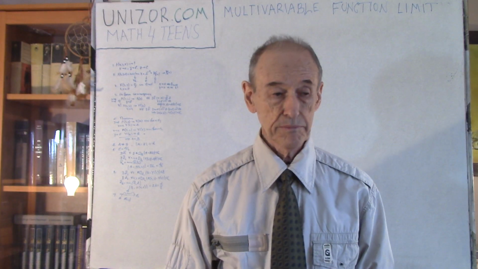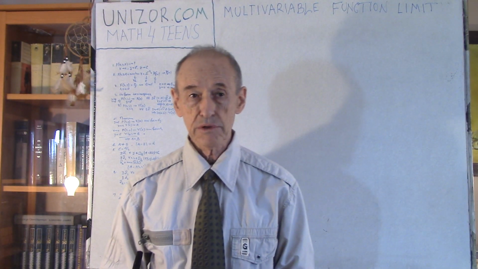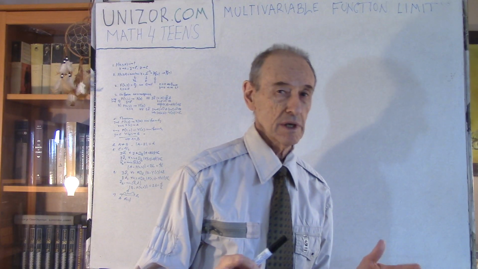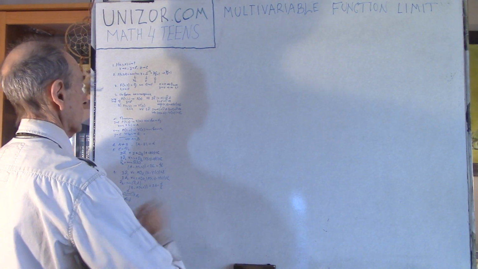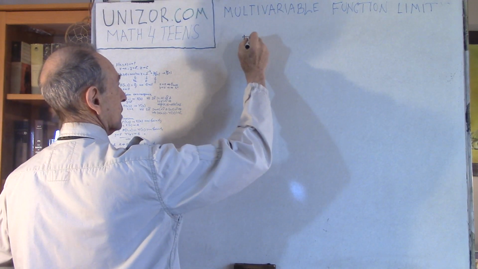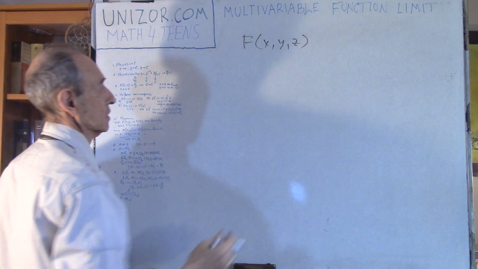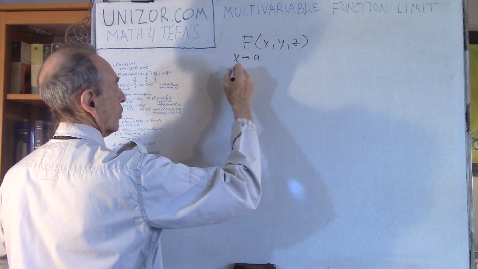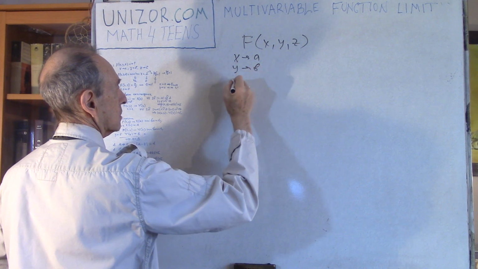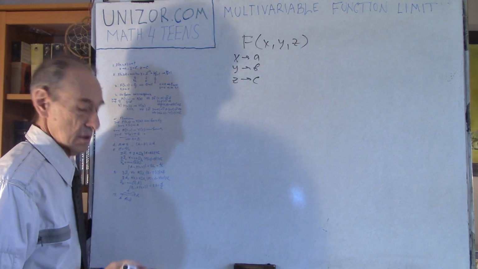Multivariable functions. Now, the limits for multivariable functions are kind of tricky. If you take some function, let's say f of 3 arguments, and each one of them goes to certain limits, what will be the limit of the function?